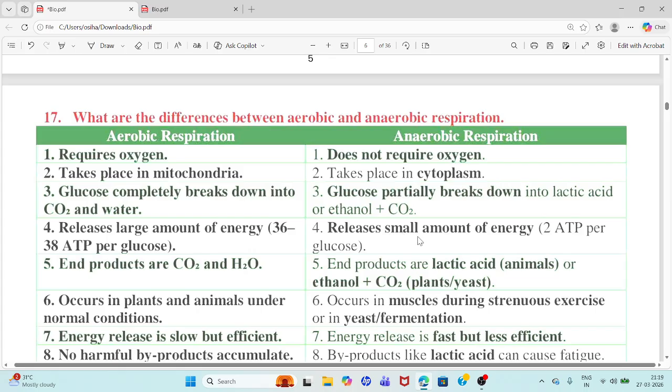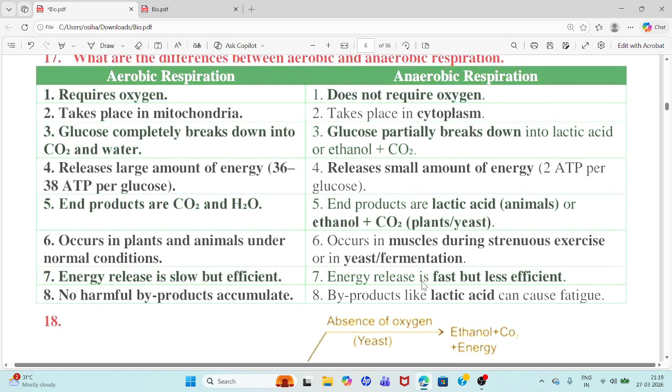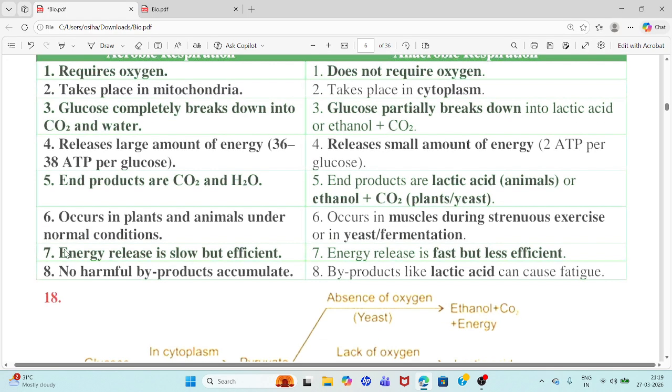Anaerobic respiration releases a small amount of energy, that is 2 ATP per glucose. End products of aerobic are carbon dioxide and water; here end products are lactic acid or ethanol plus carbon dioxide. Aerobic occurs in plants and animals under normal conditions; anaerobic occurs in muscles during strenuous exercise or in yeast during fermentation.